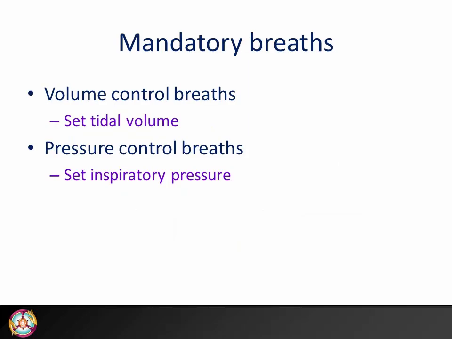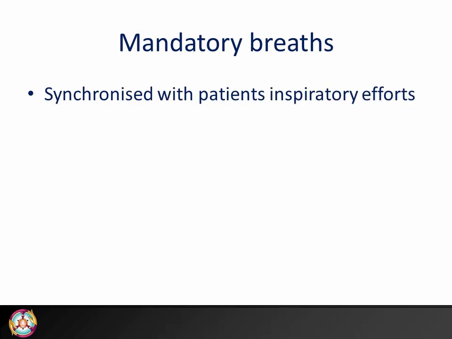The mandatory breaths can be volume preset breaths, pressure preset breaths, or pressure limited volume guaranteed breaths. They are synchronized with the patient's inspiratory efforts to prevent a ventilator-initiated breath coming on top of a patient-initiated breath.